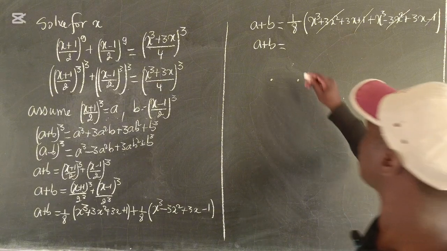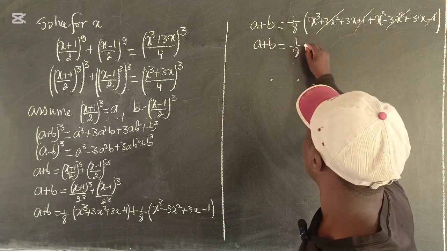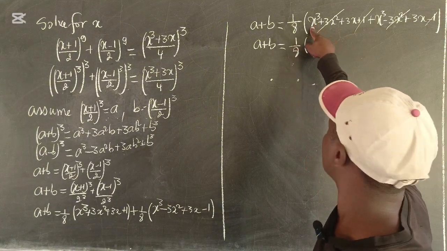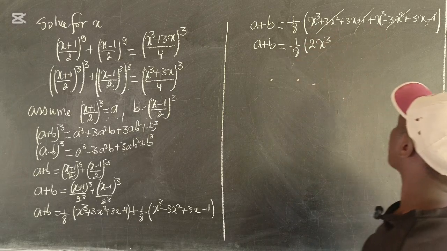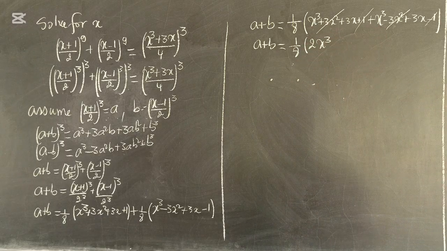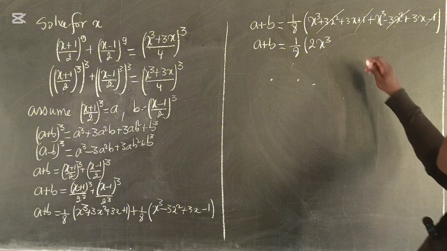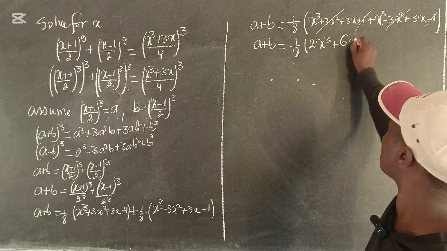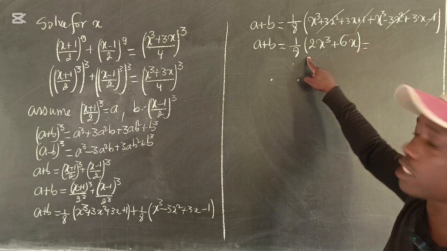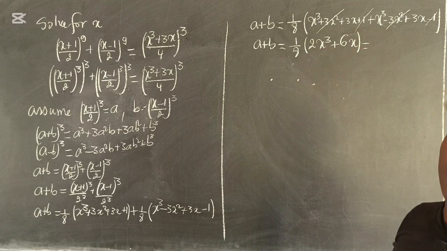Here we have 1 over 8 into x power 3 plus x power 3, this is 2x power 3, plus 6x. As you see, divide everywhere by 2.